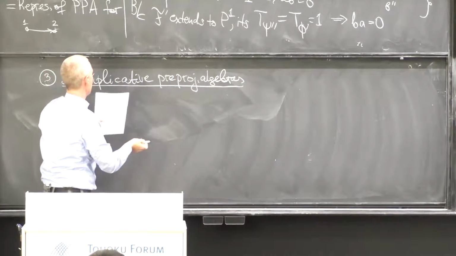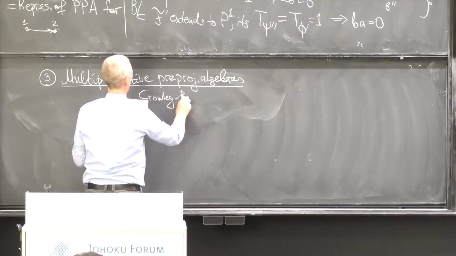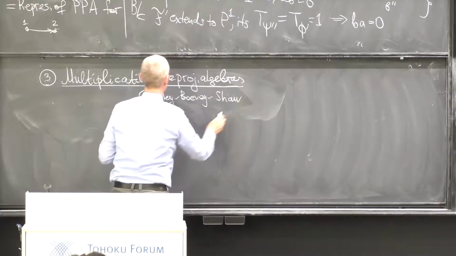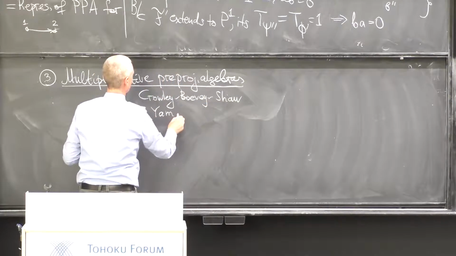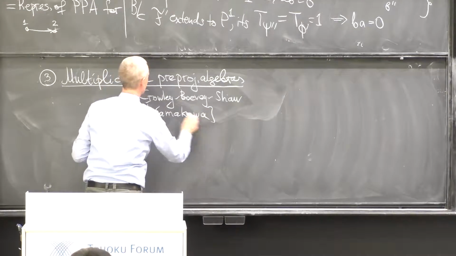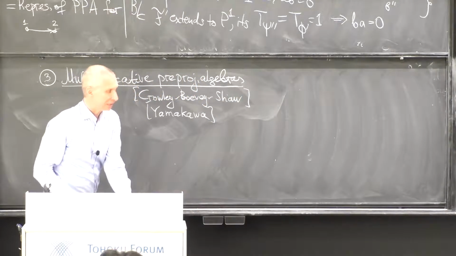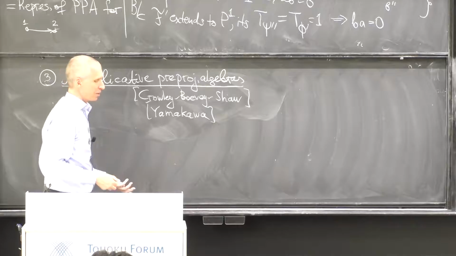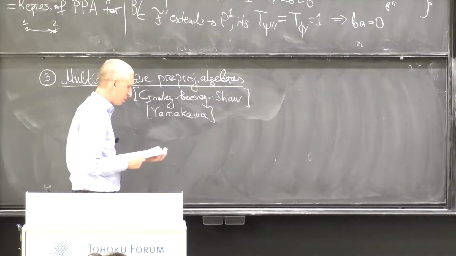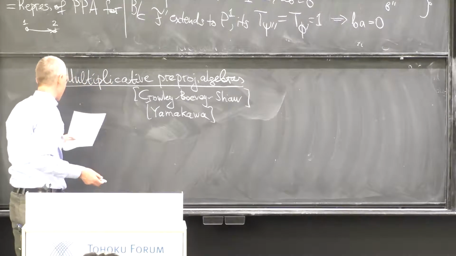This was done by Crawley-Boevey and Shaw, and by Yamakawa. So this exactly matches the dichotomy of additive versus multiplicative symplectic manifolds. So you will see the formula, how they are modified.